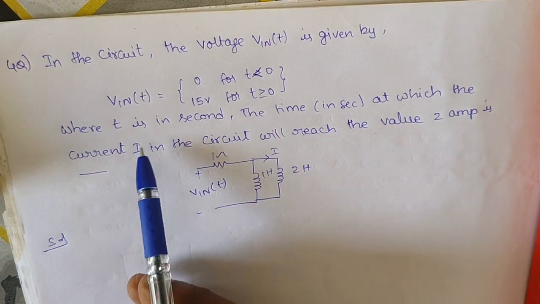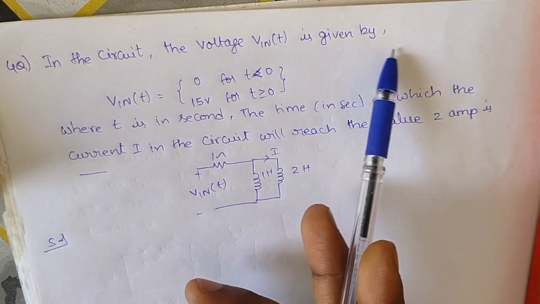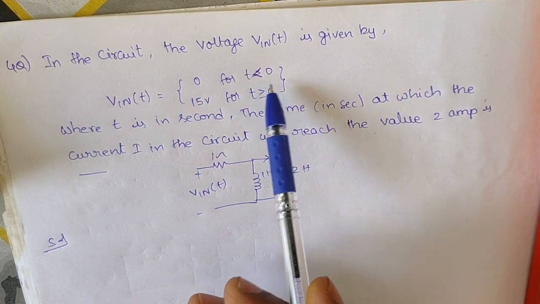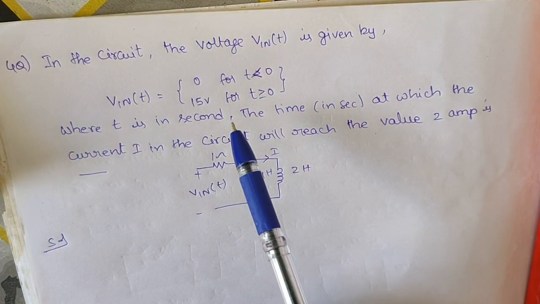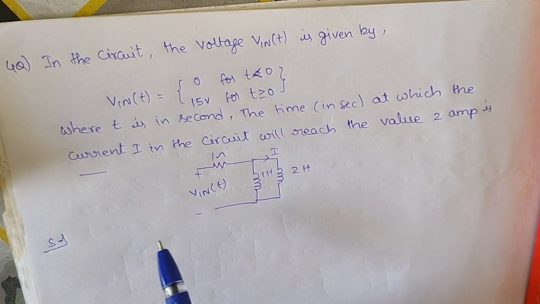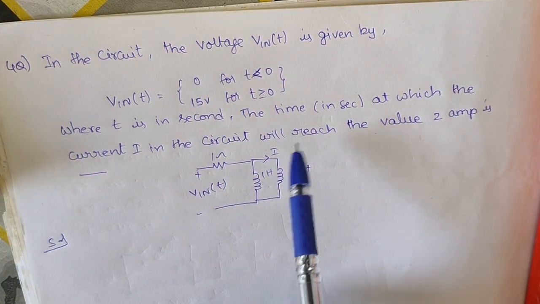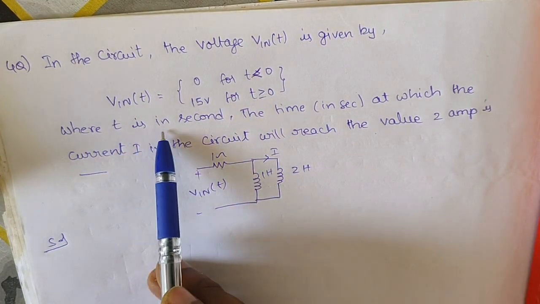In this question, in the circuit, the voltage Vin of t is given by Vin of t equal to 0 for t less than 0, 15 volts for t greater than 0. That means the initial voltage and currents applied on this circuit are 0, where t is in seconds.